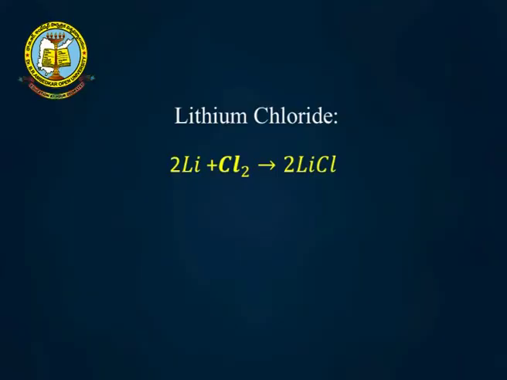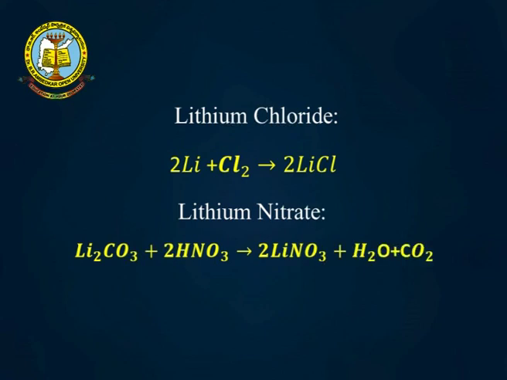Next, lithium nitrate. Lithium nitrate can be obtained by reaction with lithium carbonate. When lithium carbonate, Li2CO3, is treated with nitric acid, HNO3, it forms lithium nitrate, and carbon dioxide is a byproduct here.